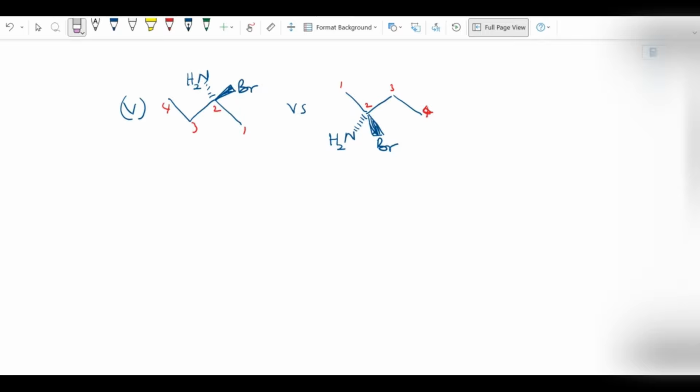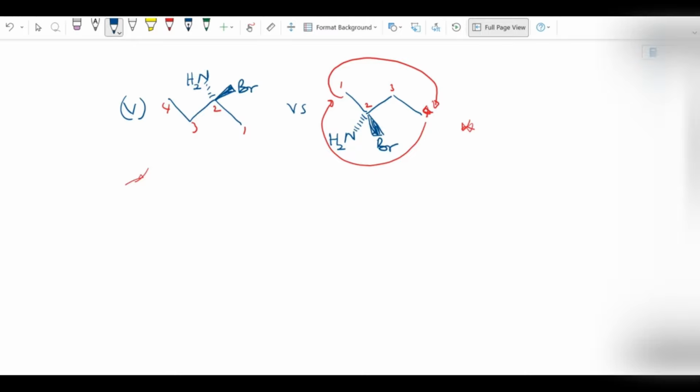The next thing is the operation to perform on this compound to make the substituents align with the one here: we need to rotate this molecule. And whenever you rotate a molecule like this, the stereochemistry will remain the same. So let's rotate it such that group 1 will be here and group 4 will be here. So we're rotating it that way.